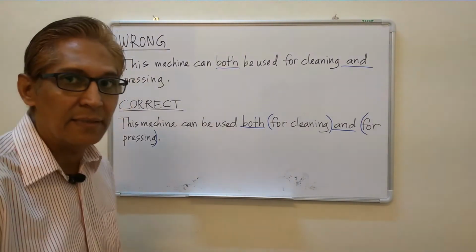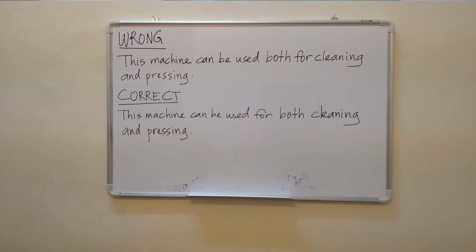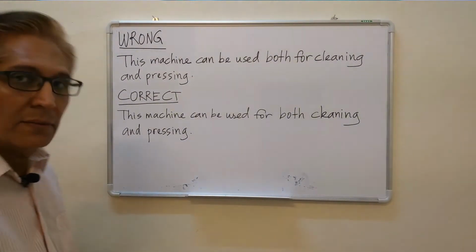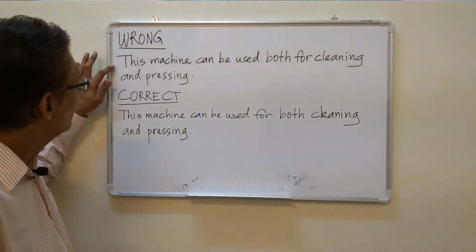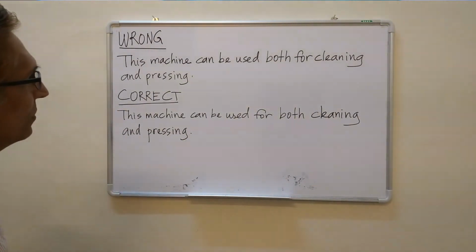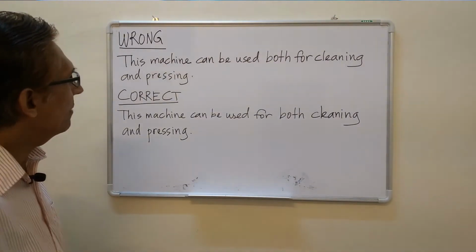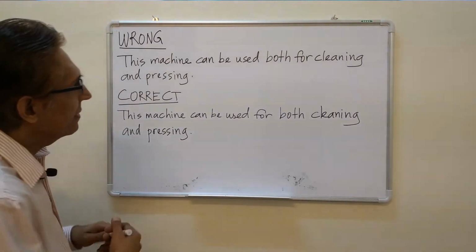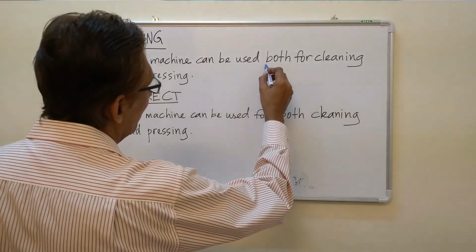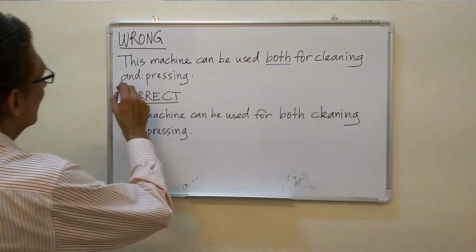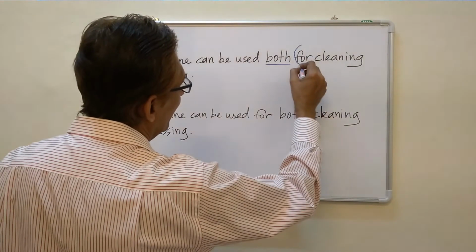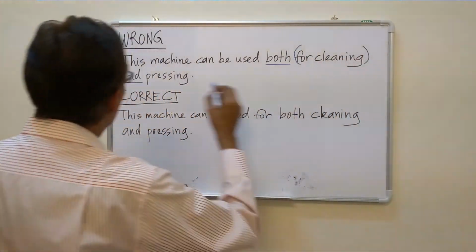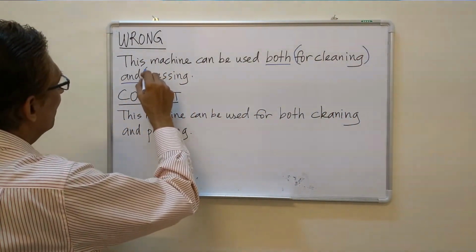Now let's take another example. Look at this sentence. The first one, which is wrong: This machine can be used both for cleaning and pressing. Let's underline the correlatives. The correlatives are both and. Both is followed by a phrase for cleaning and is followed by a word pressing.